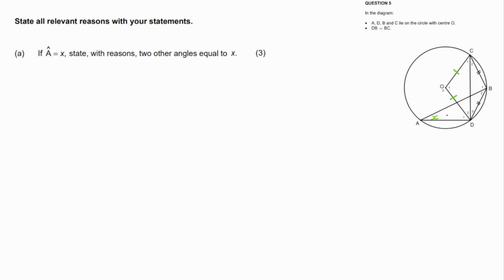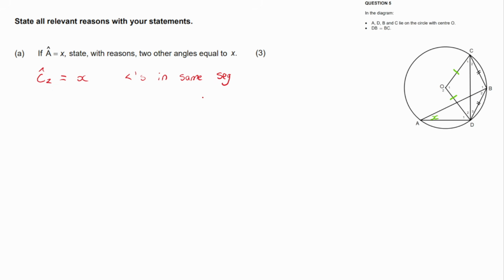So if we use these spider eyes, we put our finger at A, and we move across. We touch the circle at C and B, and then we move up and touch C2. And again, if you're a bit confused there, have a look at the cyclic quad video. But I know that C2 is equal to X. So I'll have that angle C2 is equal to X, and the reason is angles in same segment.